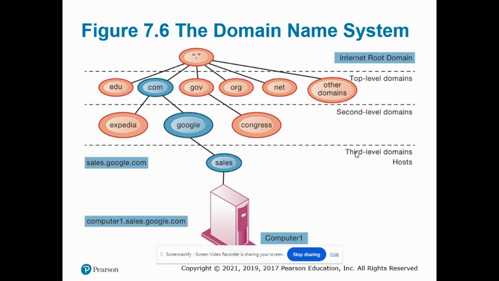The domain name system is a hierarchical system with a root domain, top-level domains, second-level domains, and host computers at the third level. This graphic describes how the domain name system works. Note that the root domain is the period that is used before the top-level domain, such as .edu or .com.